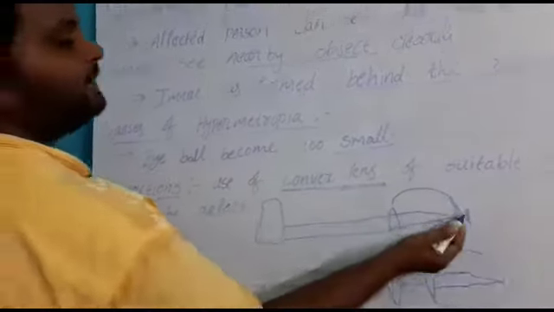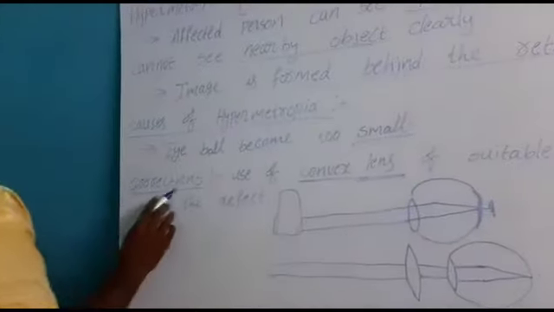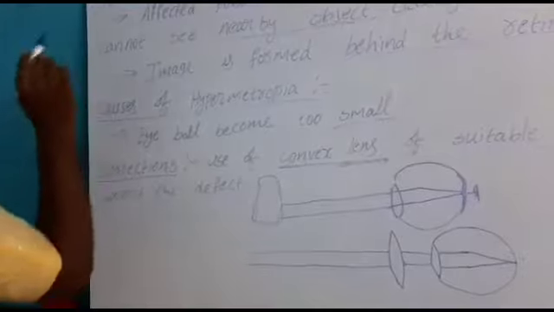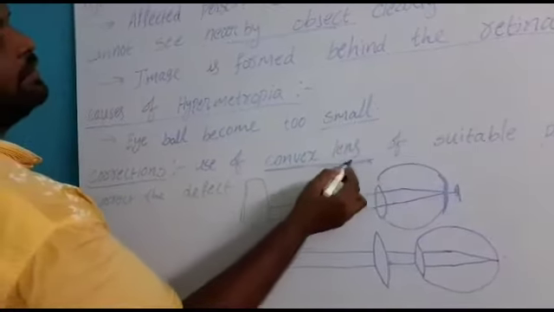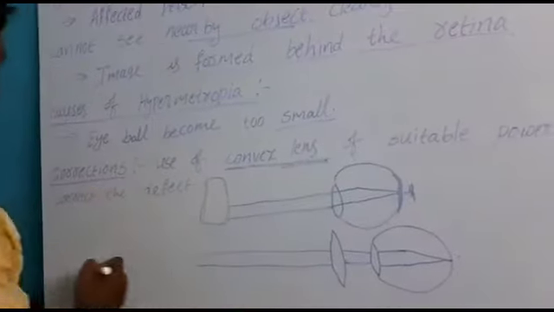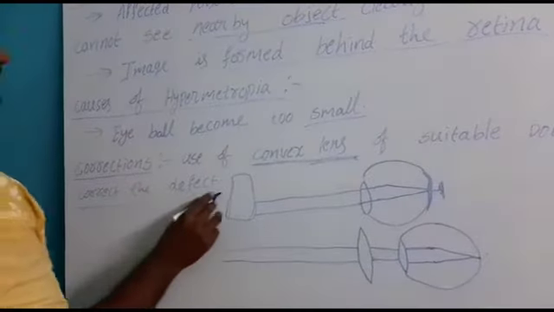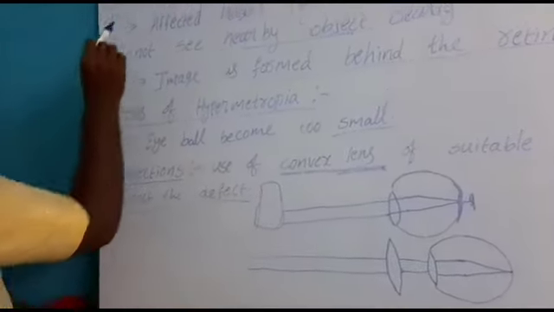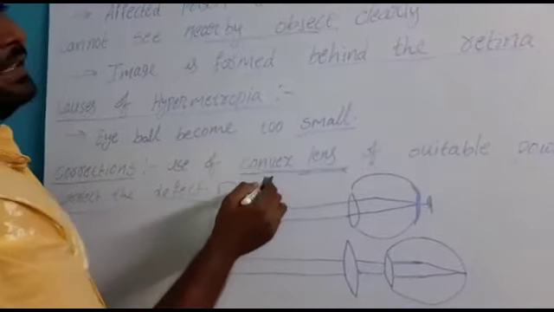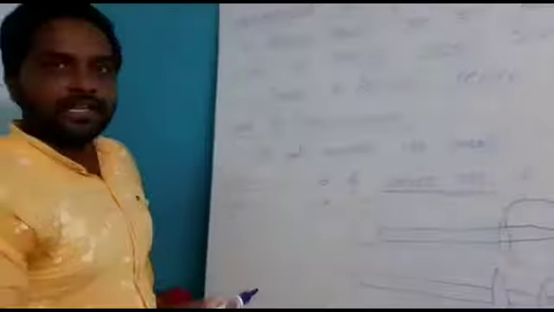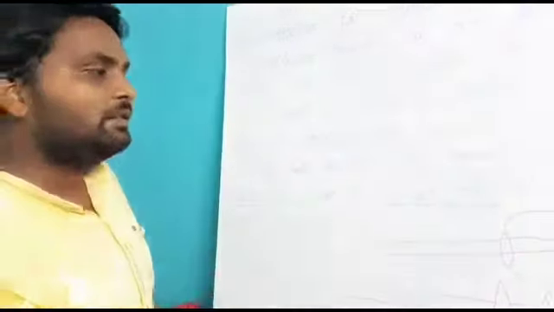So how to correct this hypermetropia problem? Use of a convex lens of suitable power can correct the defect. For hypermetropia, we use a convex lens. For myopia, we use a concave lens.